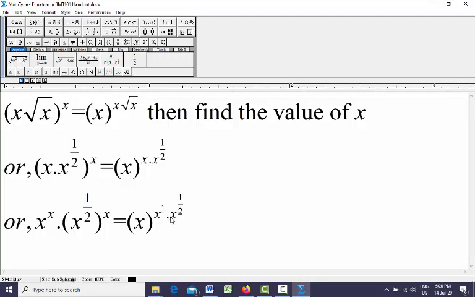Since we are doing multiplication, and the bases are the same, here base x and here also base x, what we can do is the powers can be added together.